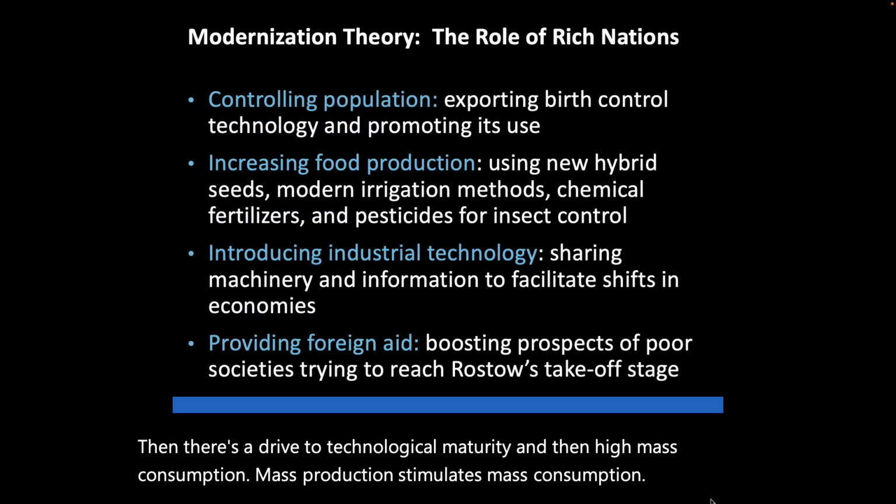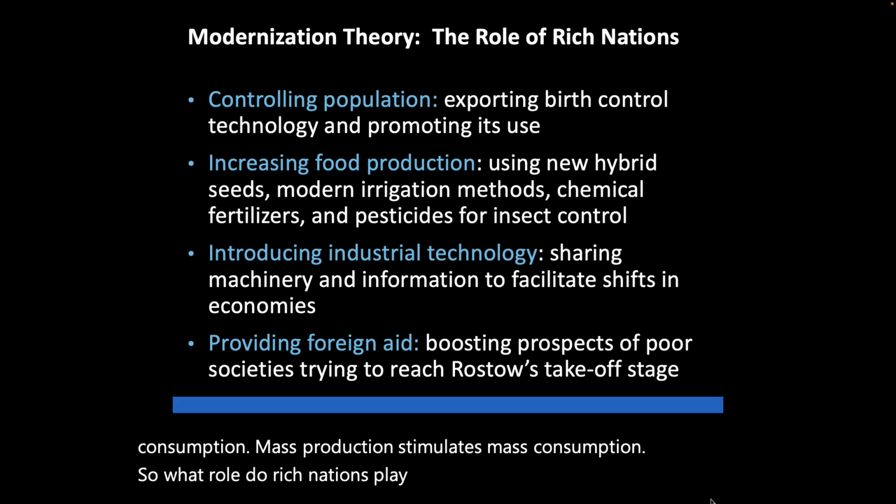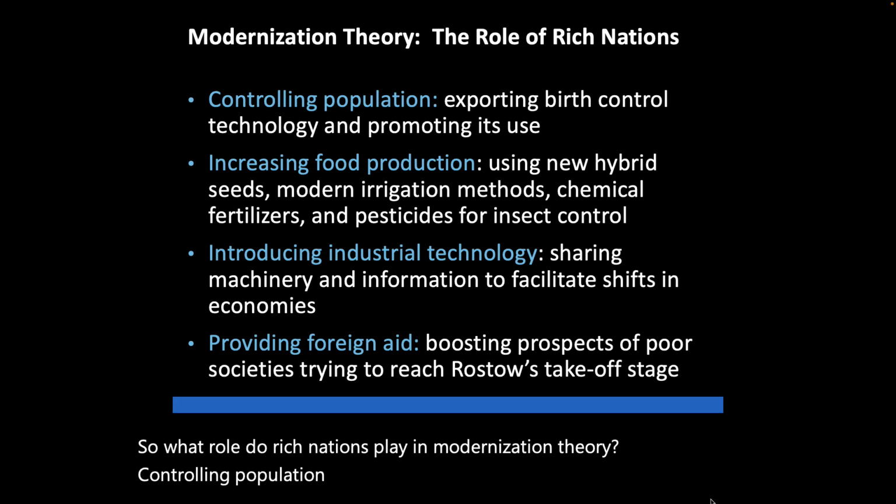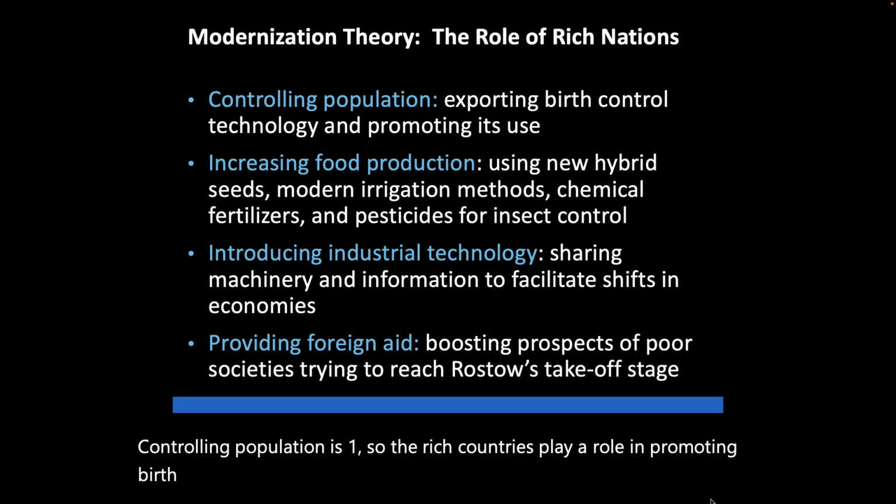So, what role do rich nations play in modernization theory? Well, controlling population is one. The rich countries play a role in promoting birth control and exporting birth control technology to other nations.